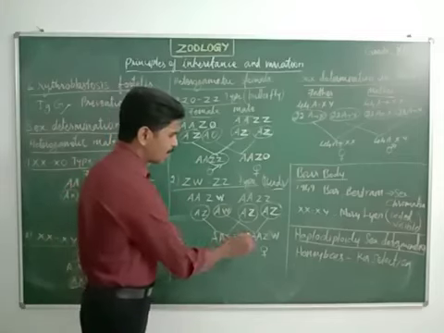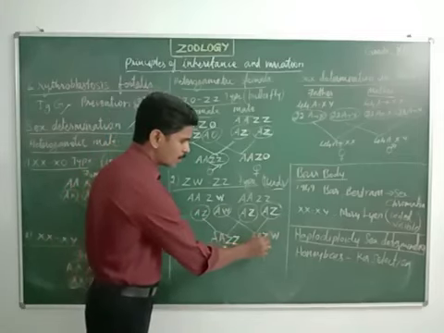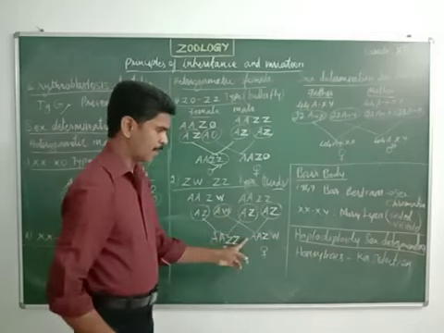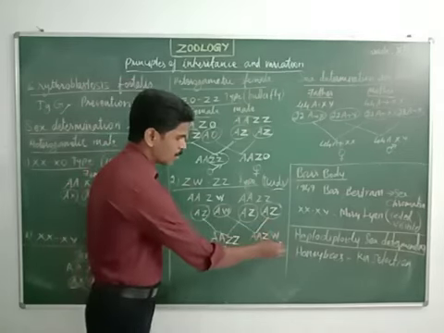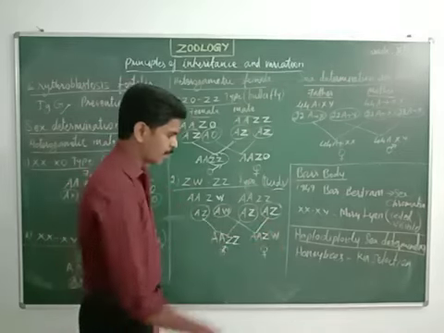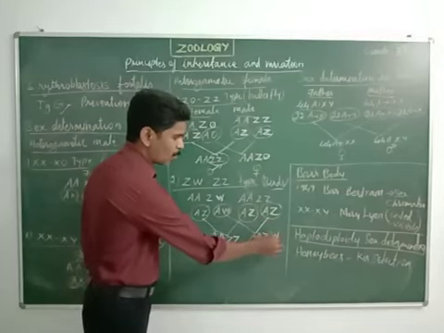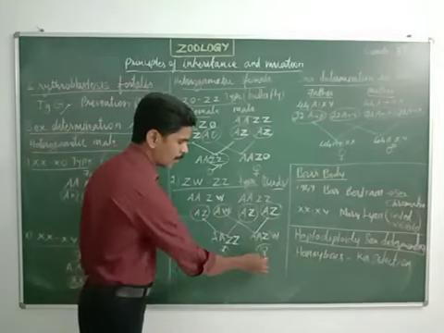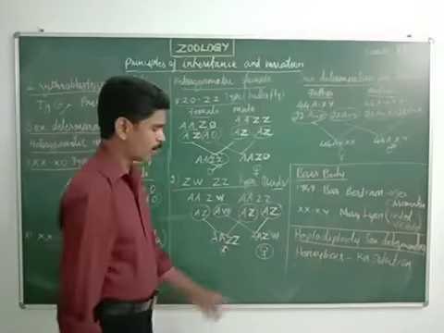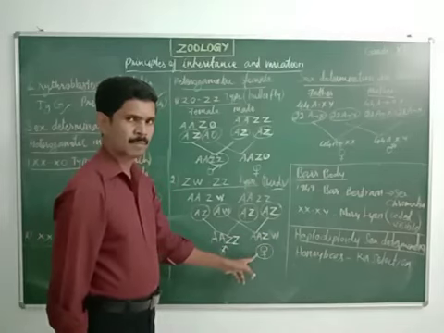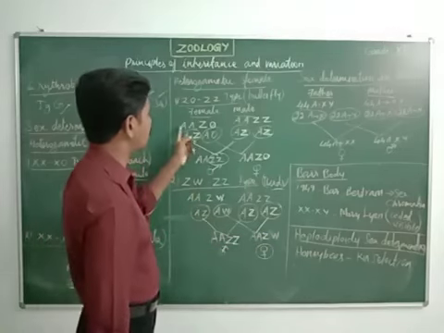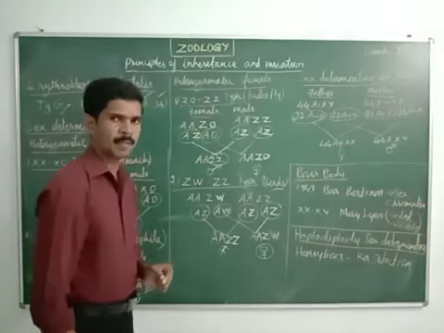Then suppose the young one gets one Z chromosome from the father and one W chromosome from the mother. It will get one Z and one W chromosome. So the young one will be female. So these two are examples of the heterogametic female.